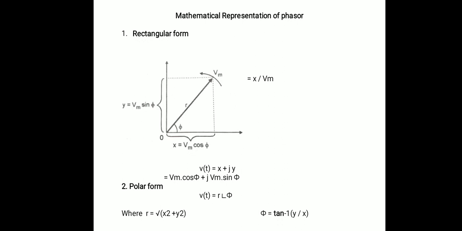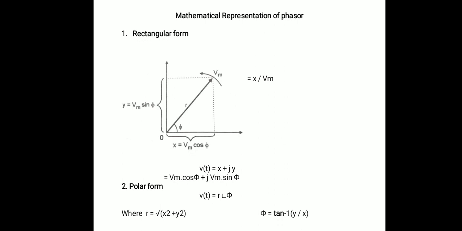If you draw a projection from the top of the phasor on the x-axis, that length is nothing but y. And if you make a projection from the phasor on the y-axis, that gives us the length of x.